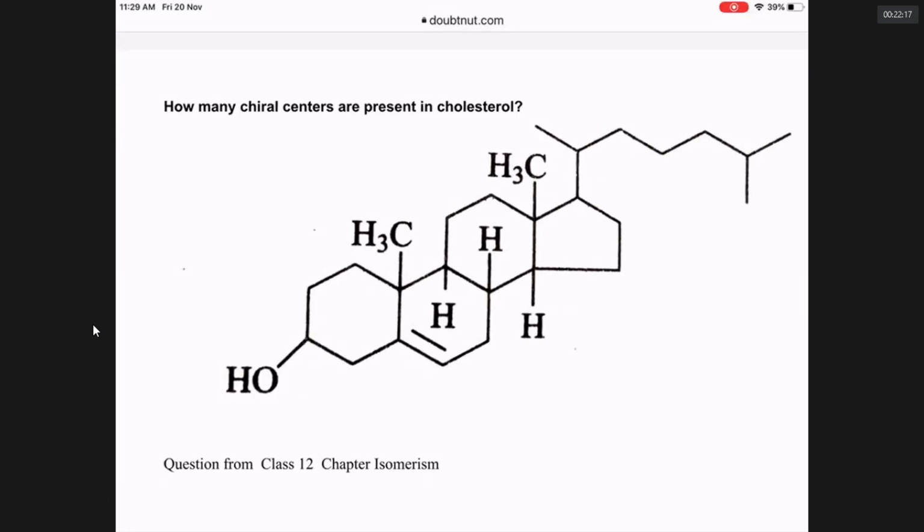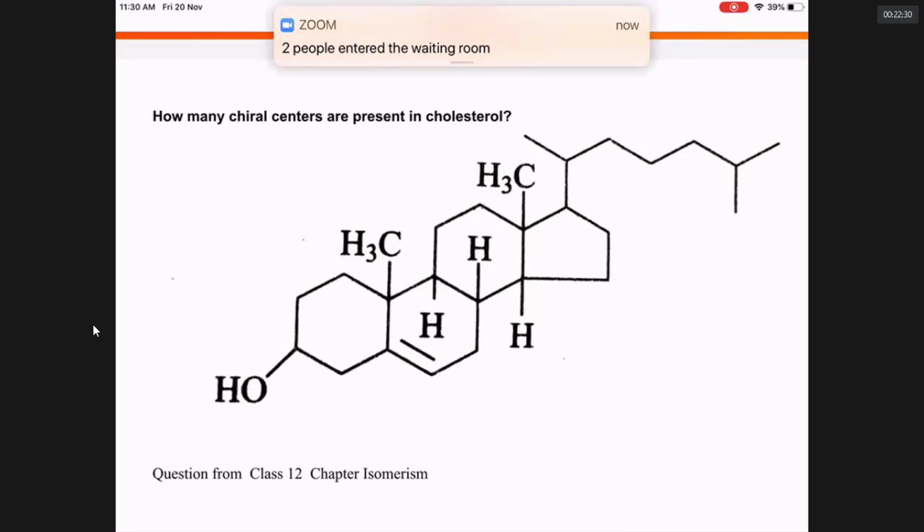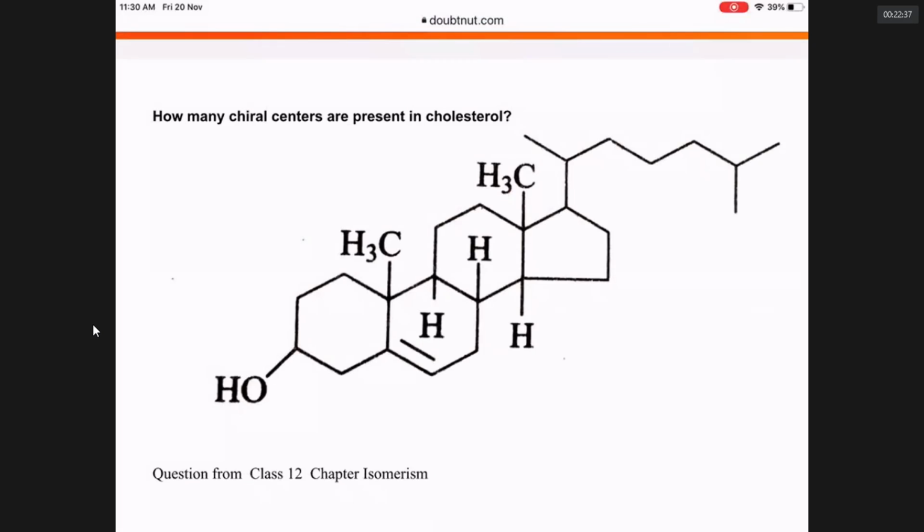How many chiral centers are present in cholesterol, which is supposed to cause heart attacks? Have you noticed it is an alcohol? Have you noticed that it has 4 rings? Tetracyclic compound. Sir, how many chiral carbons are there? Can you work out or should I do?